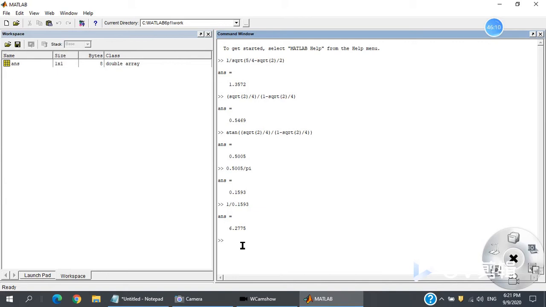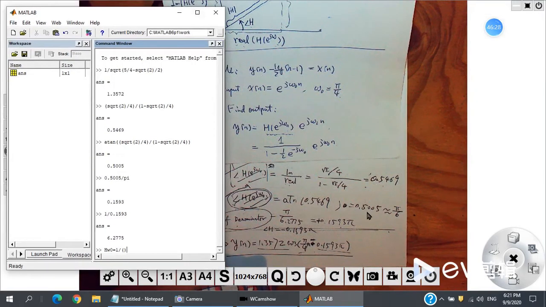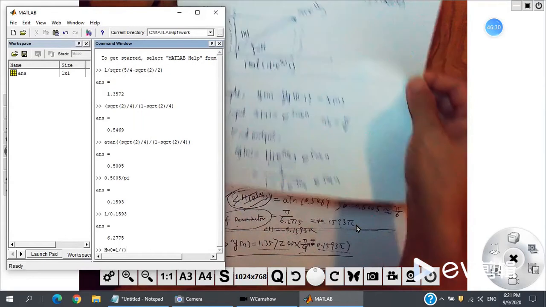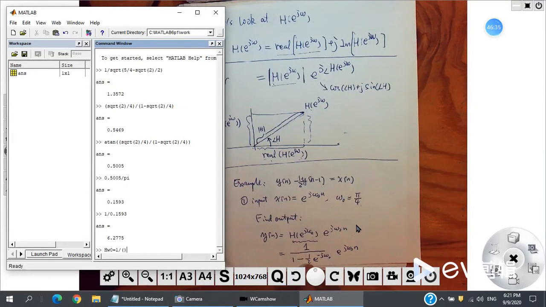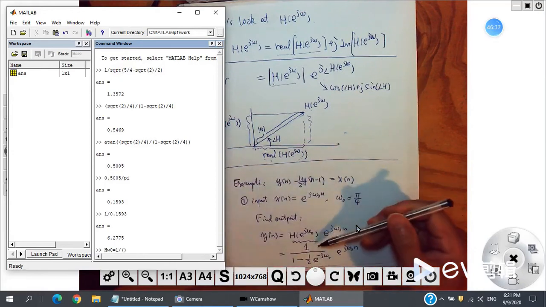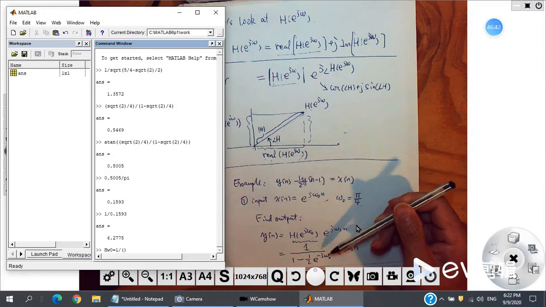From the beginning I have this one, and this is H. So I have H for omega 0, and omega 0 will be 1 over... okay, I put this one here. I have H here, right? This is H, this is H, this is H, this is H. So I just plug in here, and I can have that H.